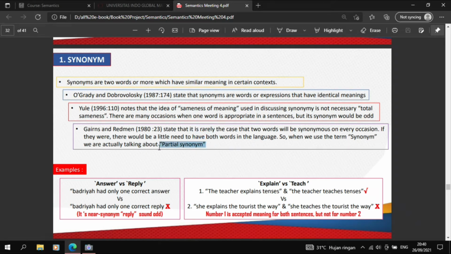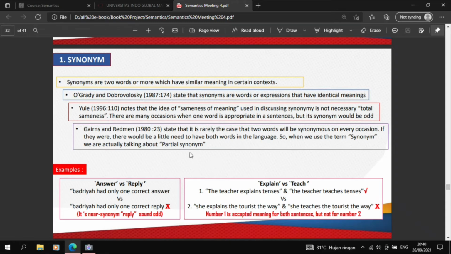Remember, synonym doesn't always mean sama persis in bahasa Indonesia. That's why we say that synonym is actually only partial synonym. It's so rare to have total sameness between one word and another word.